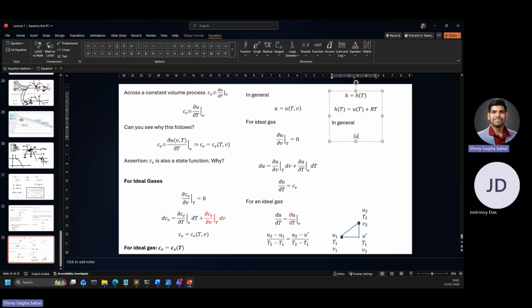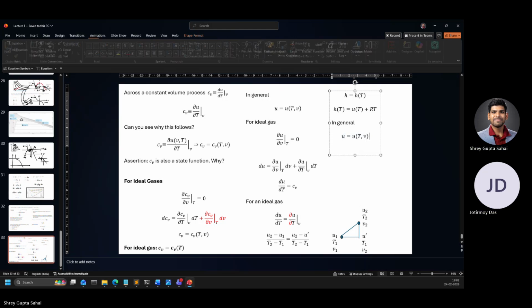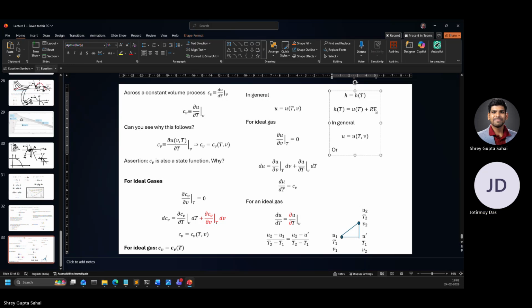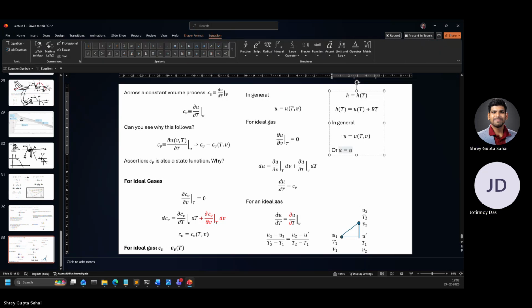In general, U can be written as a function of T comma V, or T comma P also.